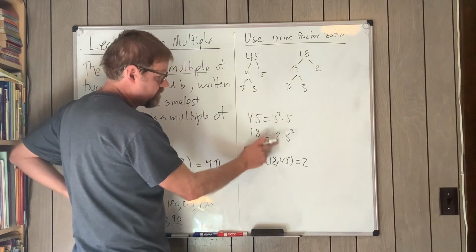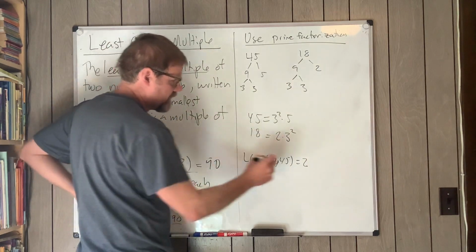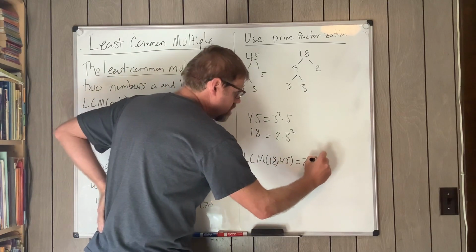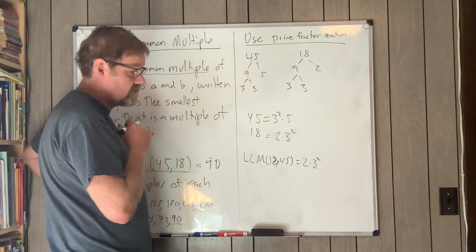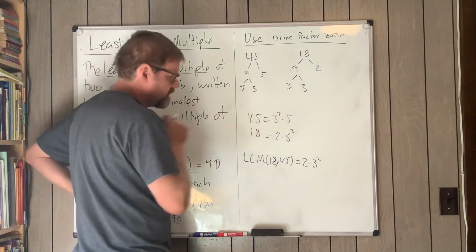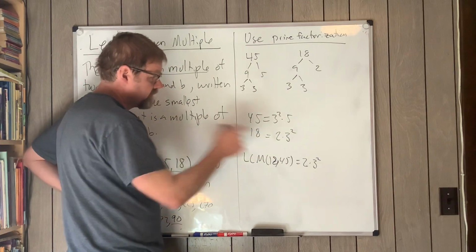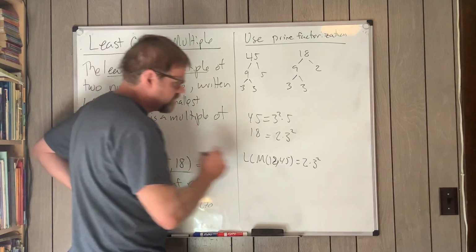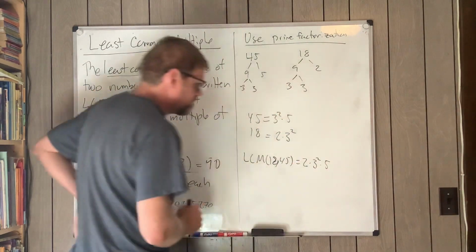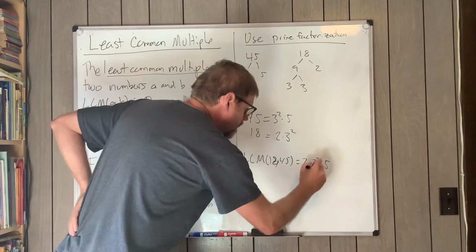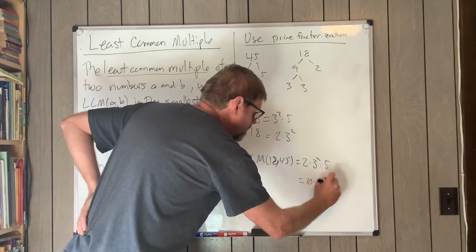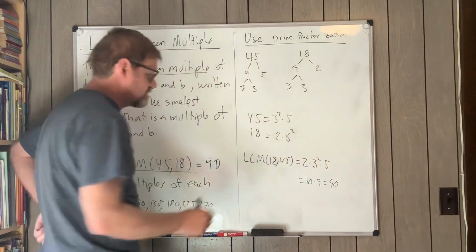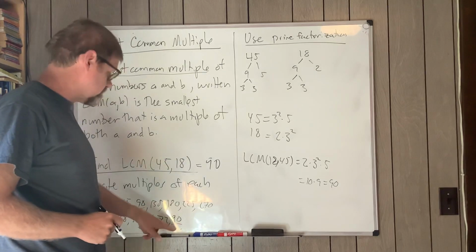There's no 2 in 45, there's one 2 in 18, so I'm going to leave that. 3 squared is common to both, and let me just make sure it's there, right? And if one was 3 cubed and the other was 3 squared, you would put the 3 cubed in there. And lastly, multiply by 5. Right, and I'm just going to rearrange this. 2 times 5 is 10, and 9 is 90, which was what we got before.